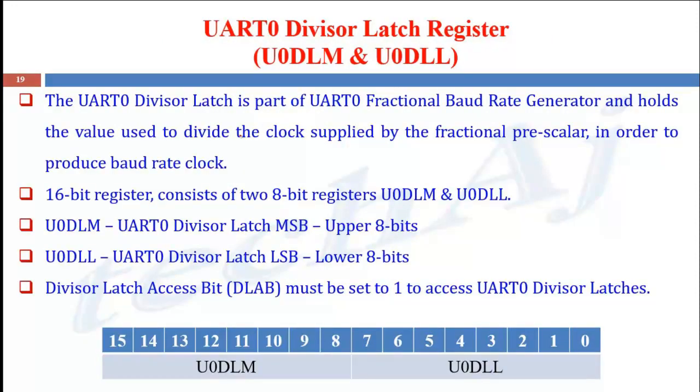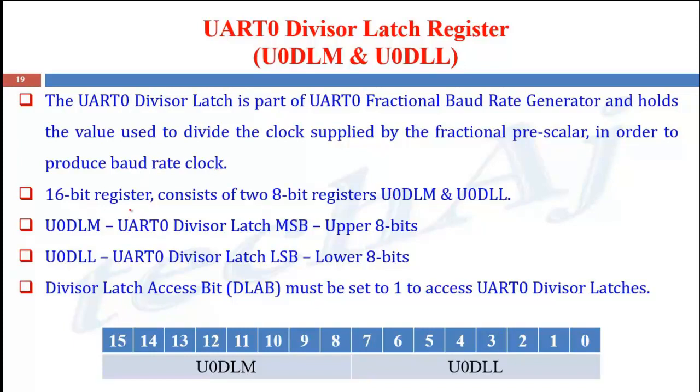Next register is the UART0 divisor latch register. The UART0 divisor latch is part of the UART0 fractional baud rate generator, and it holds the value used to divide the clock supplied by the fractional prescaler in order to produce the baud rate clock.